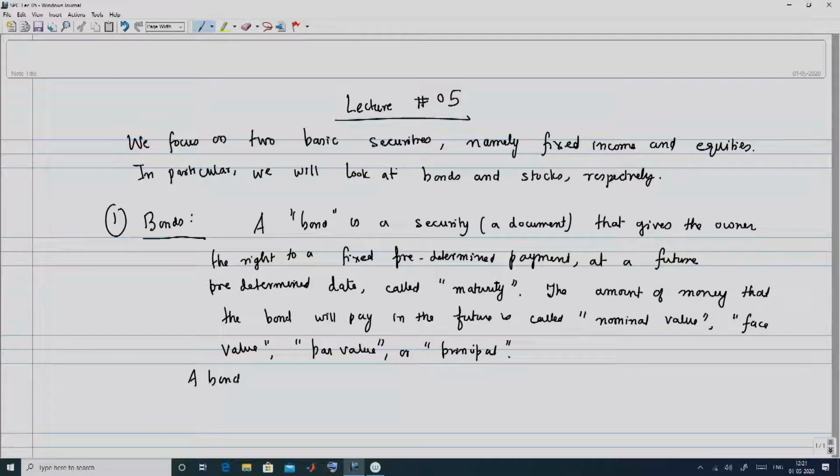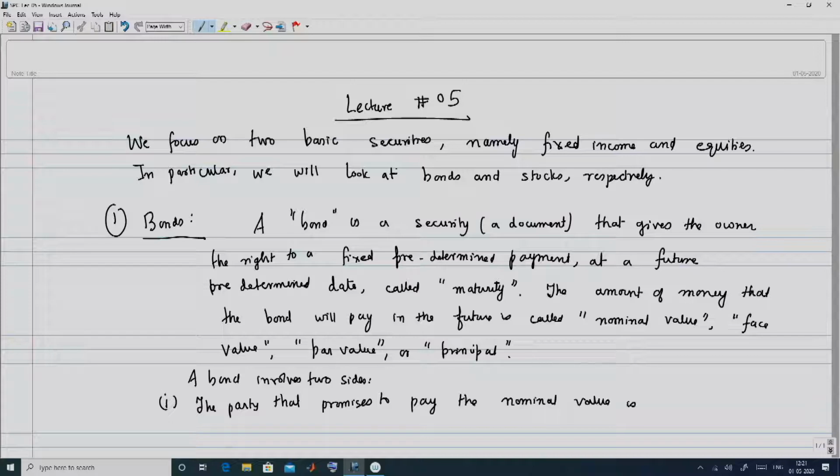A bond involves two sides. The first one is the party that promises to pay the nominal value, which is called the debtor.